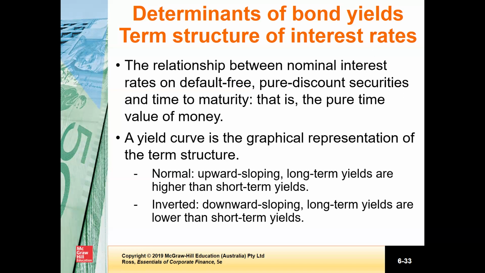When long-term rates are higher than short-term rates, we say that the term structure is upward sloping. And when short-term rates are higher, we say it is downward sloping. The term structure can also be humped.